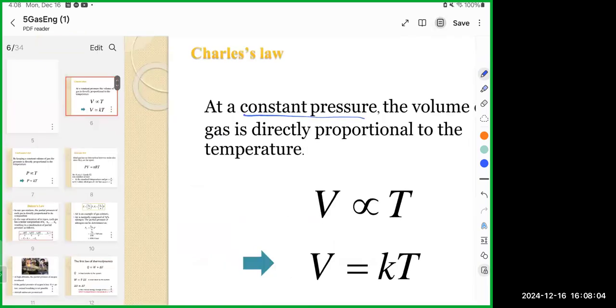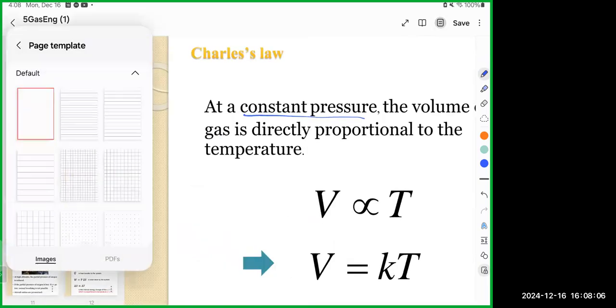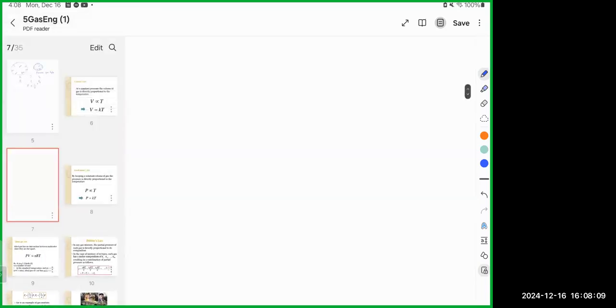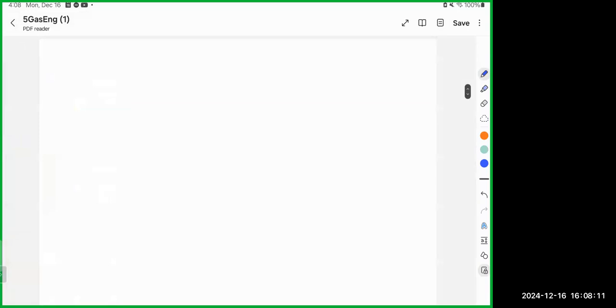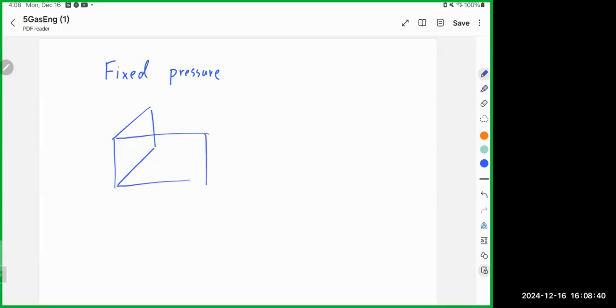For example, in this case, if the pressure is constant, so we fix the pressure, and we have the container, for example, a box right here.